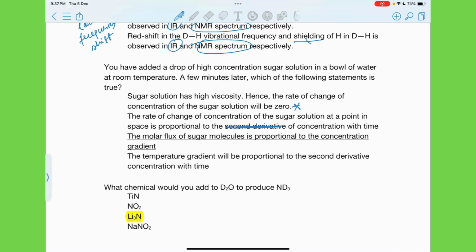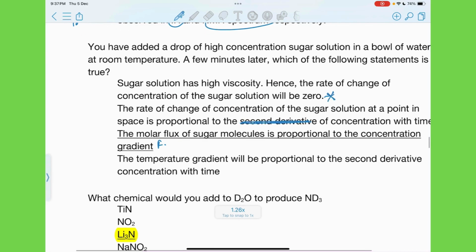The next option says the molar flux of sugar molecules is proportional to the concentration gradient. Yes, this is true because according to Fick's first law of diffusion, the molar flux J is equal to minus D into the concentration gradient dC upon dx.